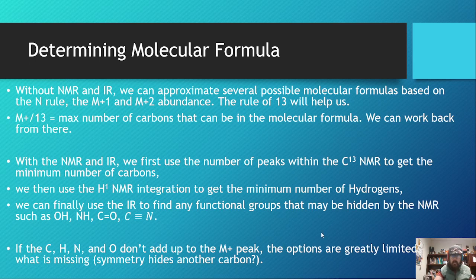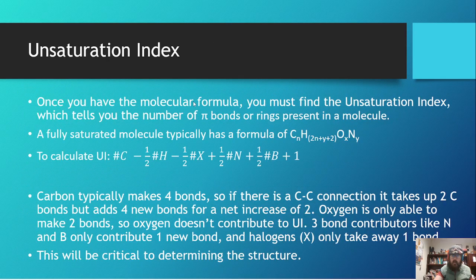So we're not going to worry about that so much. This is not an organic spectroscopy class. But one thing that will help us is the unsaturation index. Remember, we talked about this last chapter. It tells us the number of pi bonds or rings present. So it's CnHyNzOx... the number of carbons, you subtract half the number of hydrogens, as well as half the number of halogens.